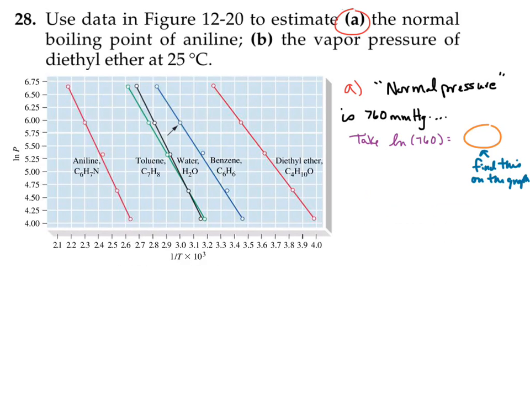Okay. So this is the first question, and it picks on two substances. In A, it's aniline, and in B, it's diethyl ether. And it says, use the data in this figure to estimate the normal boiling point of aniline. So this is kind of like what we did. Basically, normal boiling point means the temperature at which the equilibrium vapor pressure is 760.